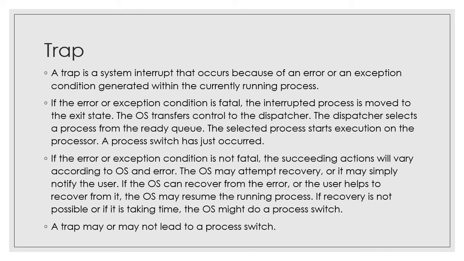If the OS can recover from the error, or the user helps to recover from the error, the OS may resume the running process. If recovery is not possible, the OS might do a process switch. So we can conclude that a trap may or may not lead to a process switch.